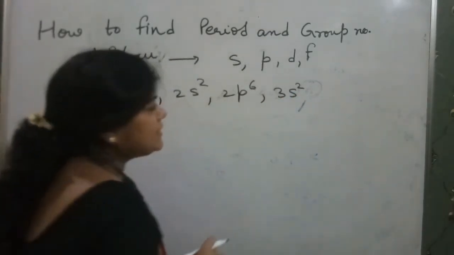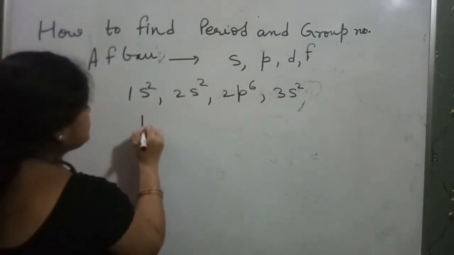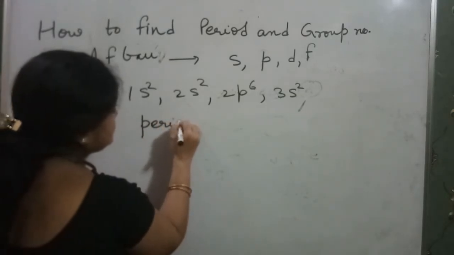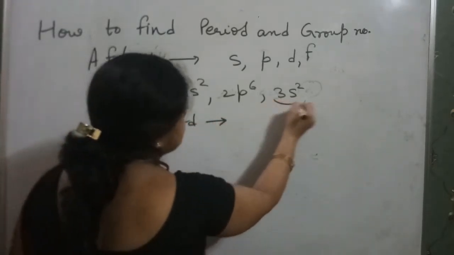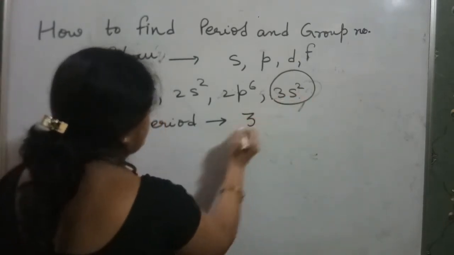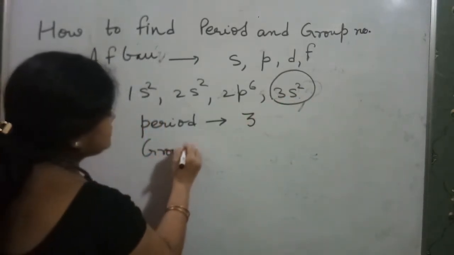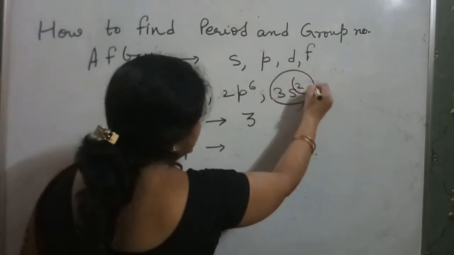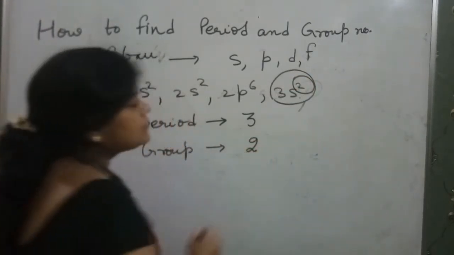Then its period is so easy. Just observe it. We have 3s2, so the period is 3, and we have 2 electrons here, so the group is 2.